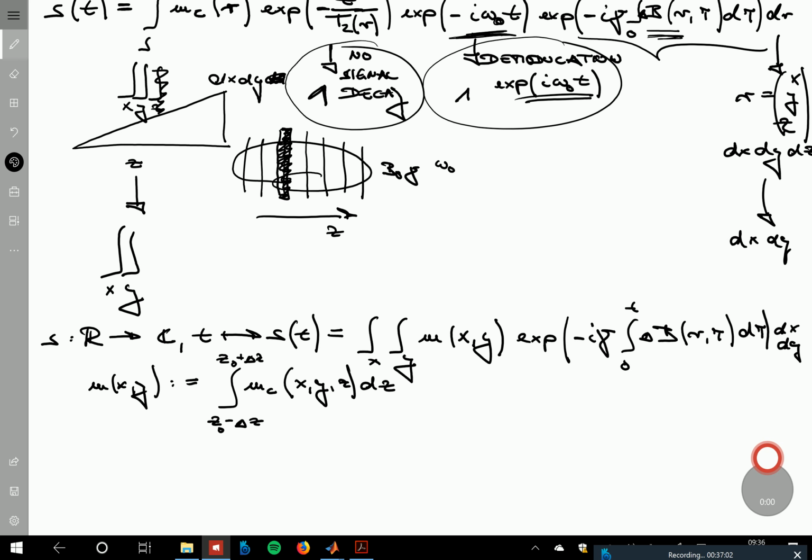Essentially, remember we had the equilibrium magnetization as a function of space, so of x, y, and z. These are our initial conditions. Now we're averaging this equilibrium magnetization, the initial condition of our spinning magnetic moment, over a slice in the z direction.